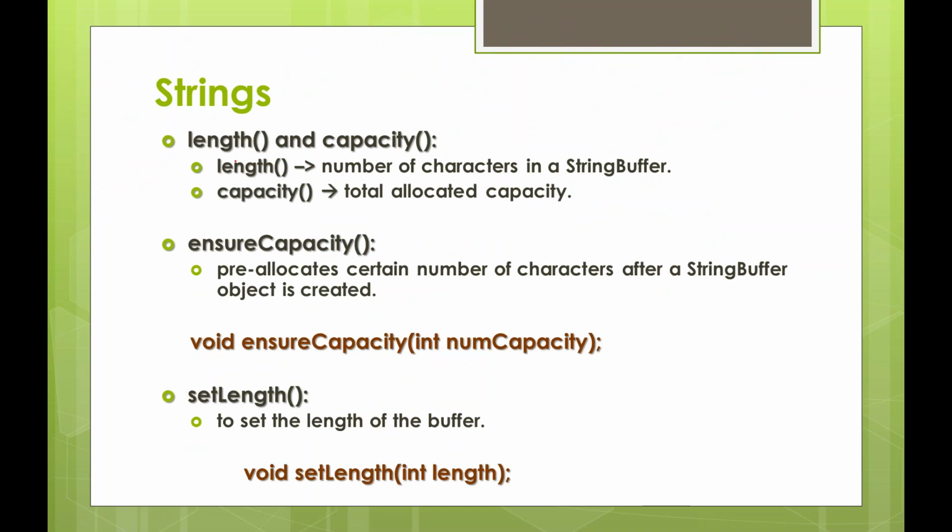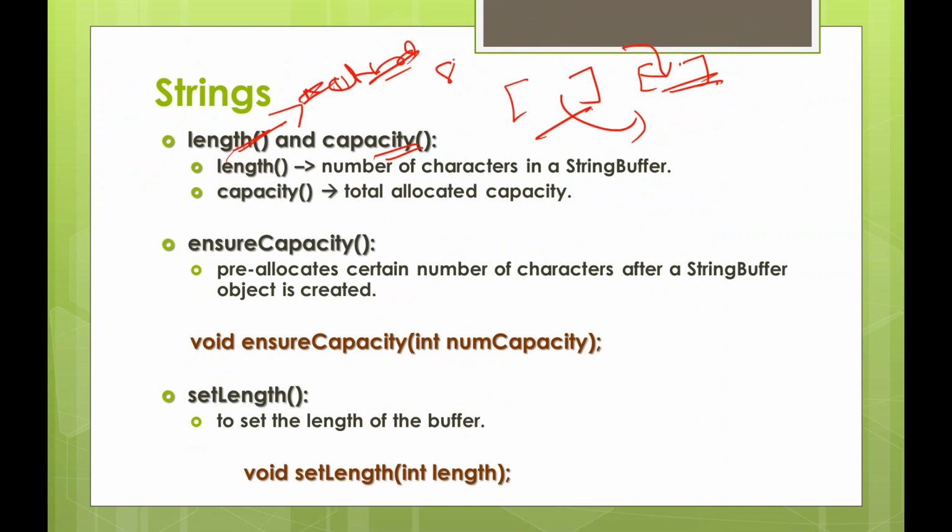Then you have different methods of string buffer, that is length. Obviously, it will give the number of characters in that particular string buffer. Capacity: in string buffer, while creating the string, you can specify the capacity of the buffer.